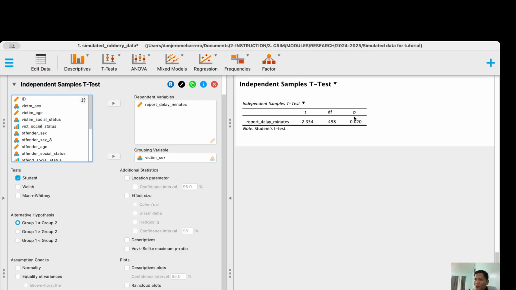And how can we say that we are confident that there's really a relationship? We can only say that there is a significant relationship between two variables by looking at the p-value.